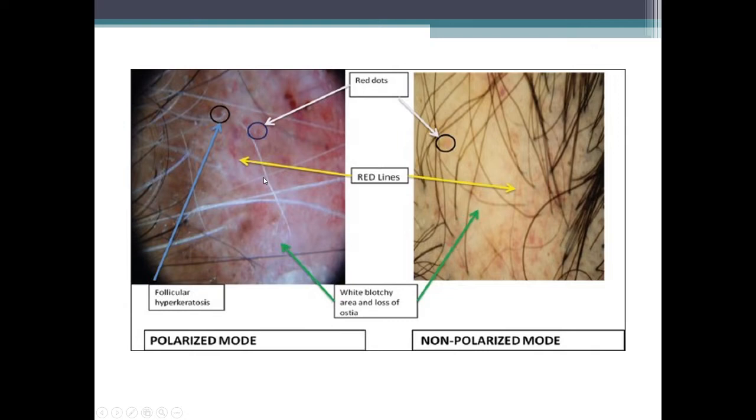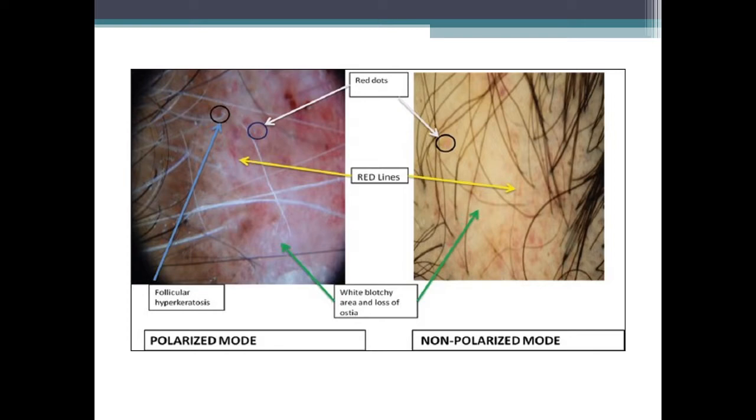You can use dermoscopes even in cases where you can't do a biopsy, or if the patient doesn't want to have a biopsy, because there are also some specific structures and patterns.